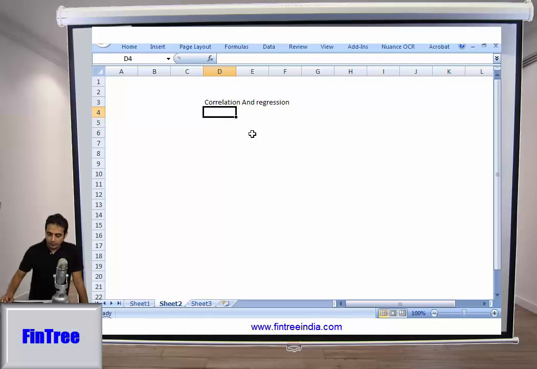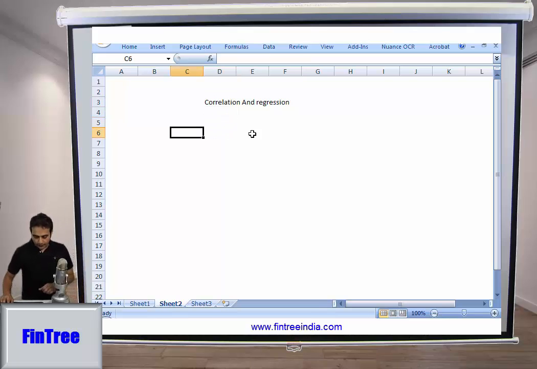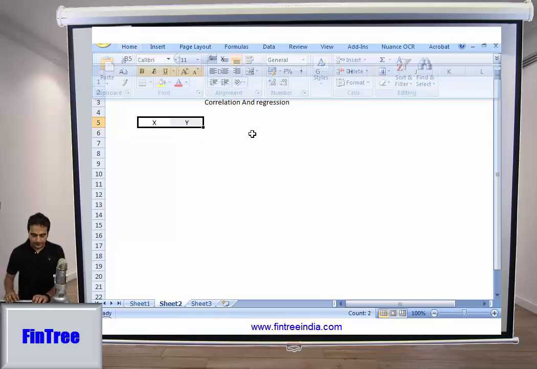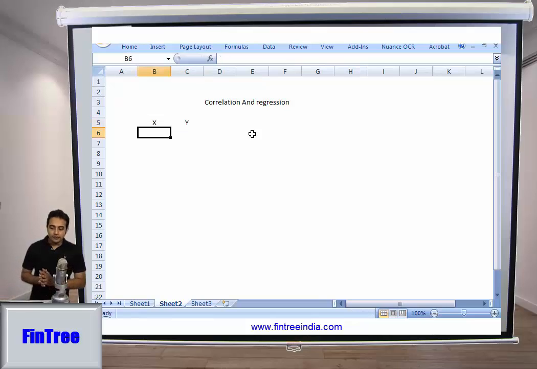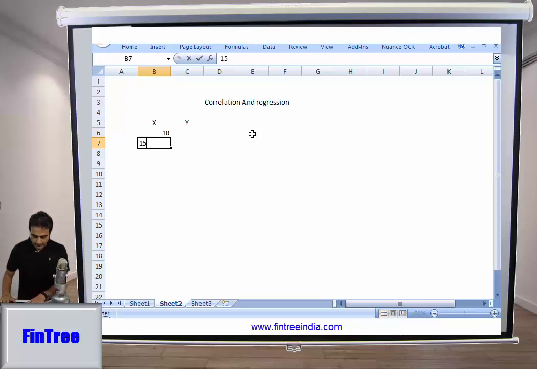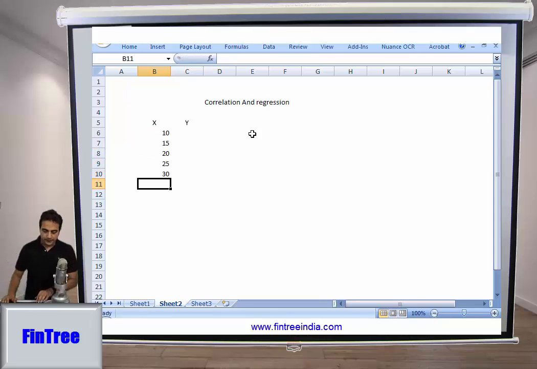So I'm going to build some hypothetical data originally, just to work on the concepts, and then we will start drilling into each one of them. You can write this with me. Let's say we have two variables today, variable X and variable Y. The first thing we want to do is see their relationship with each other. So let me assume some random values here: 10, 15, 20, 25 and 30.